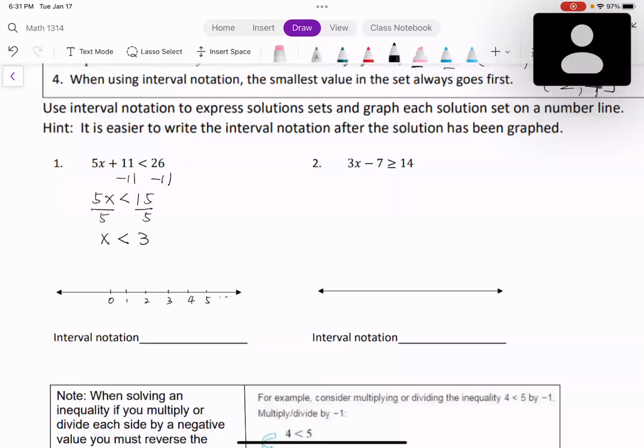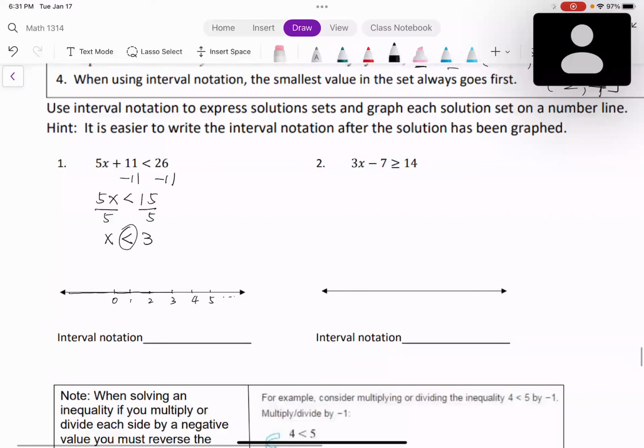That means x is on the left side of the 3. And is 3 included? No, because we don't have an equal sign. We must use a parenthesis and then highlight the left-hand side of the 3. And for the smallest number, we just assume that's negative infinity.